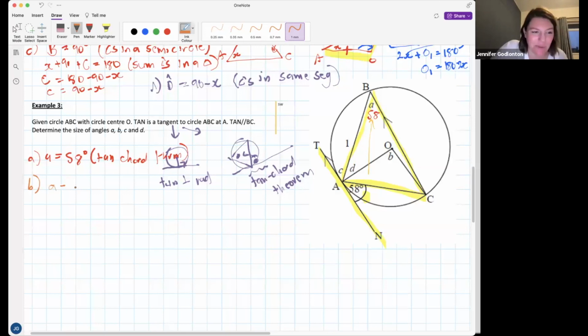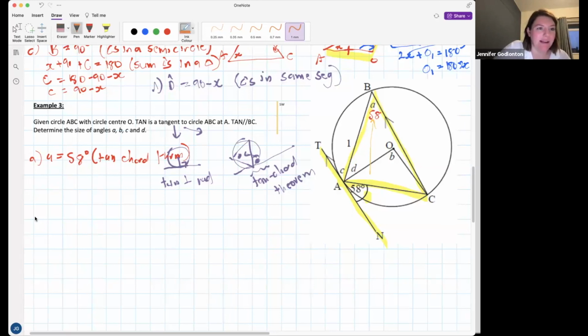I'm going to go down a line so that I've got some space to write. Angle at center equals 2 times angle at circumference. And we know what A is.